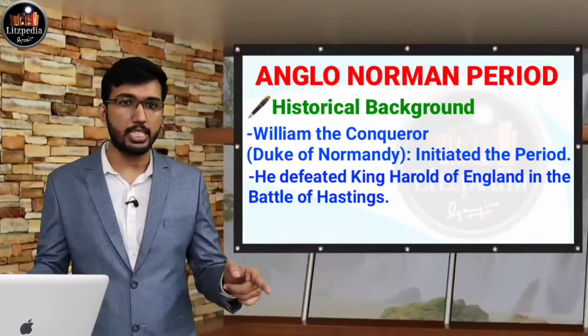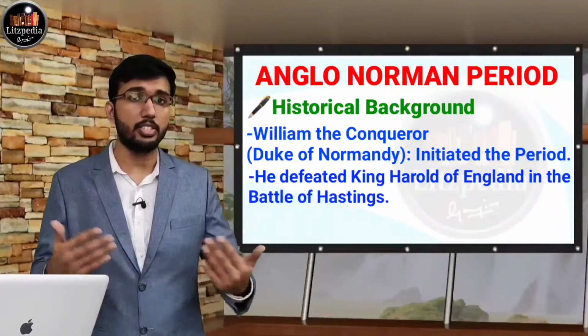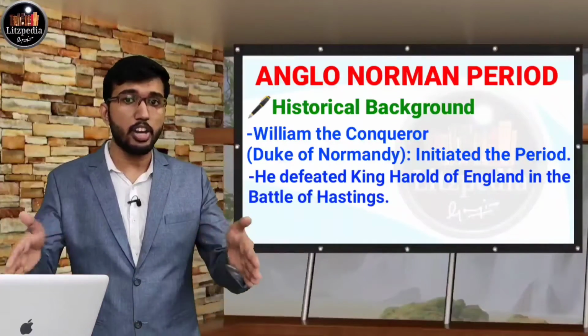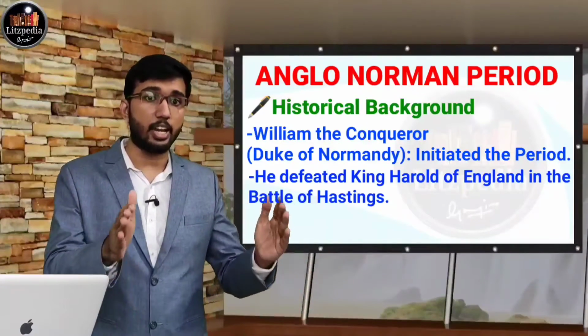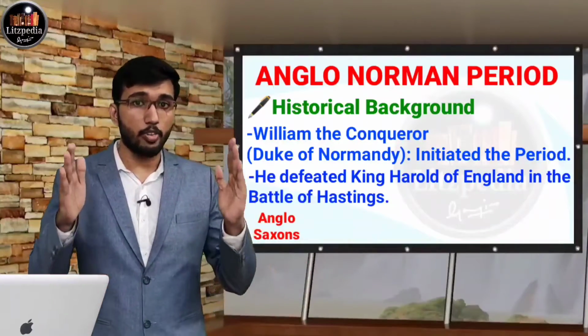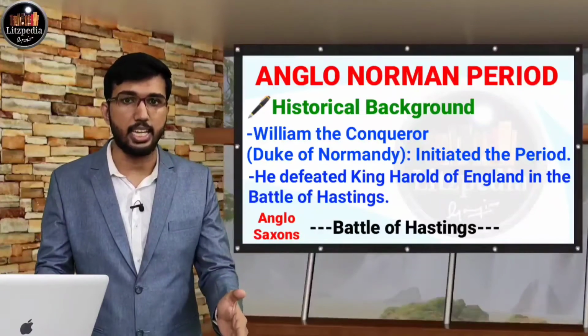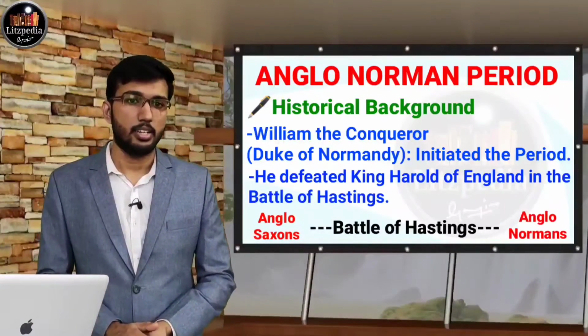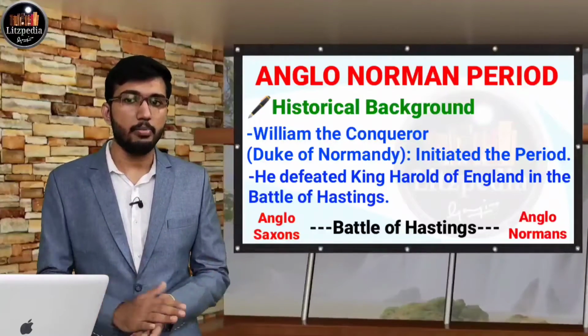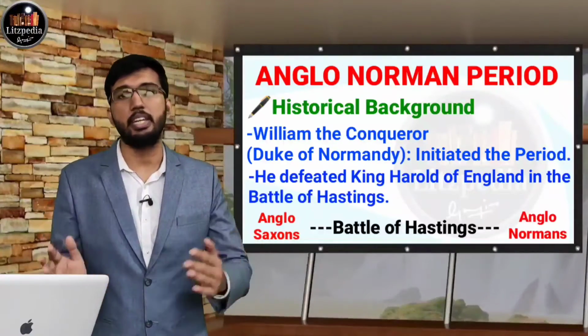This Battle of Hastings is a turning point for French people to invade Britain. Before 1066 AD we can see Anglo-Saxons were there. The Battle of Hastings occurred in 1066 AD. After that Anglo-Normans arrived in Britain. That's how we can say William the Conqueror started the Anglo-Norman period.